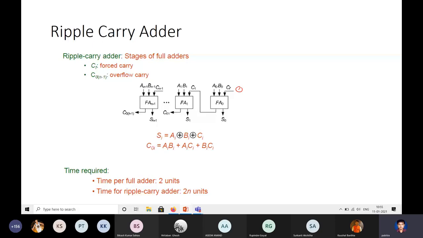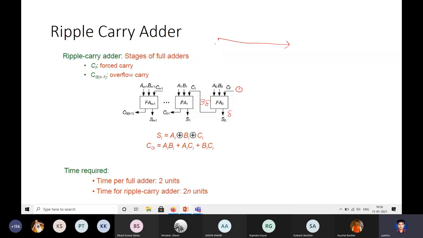There is some complication here, because we have already seen before that the sum has a delay of delta and the carry has a delay of 3 delta. If you apply A0, B0 at time 0, you will get S0 at delta.